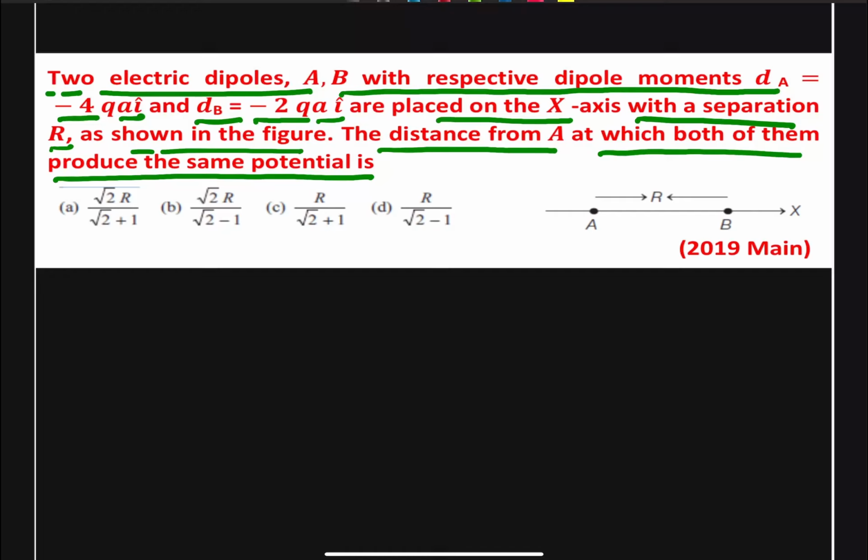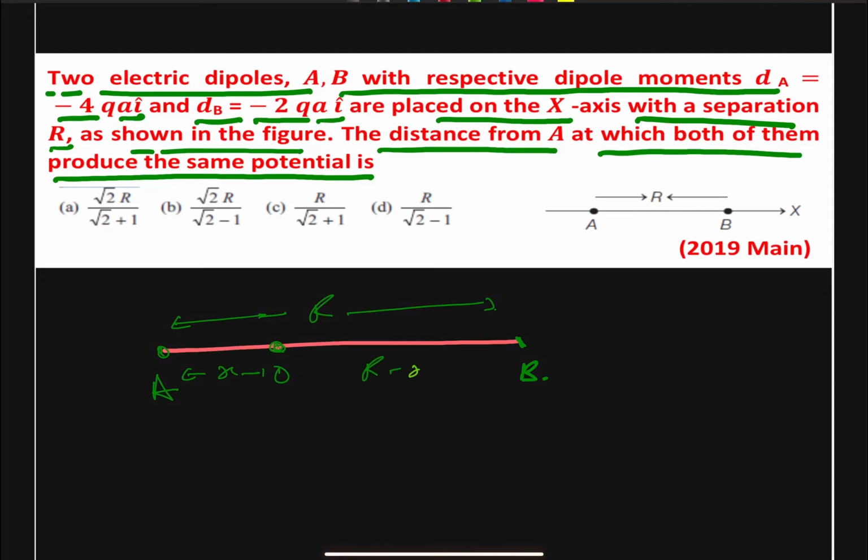So let us redraw the figure, and let us suppose this is our A and this is our B. Distance between them is given as capital R, and we say that the potential at a point is at a distance of x. Let's suppose this is 0, and here the potential is same, which is at a distance x from A. So from the other side it will be R minus x.